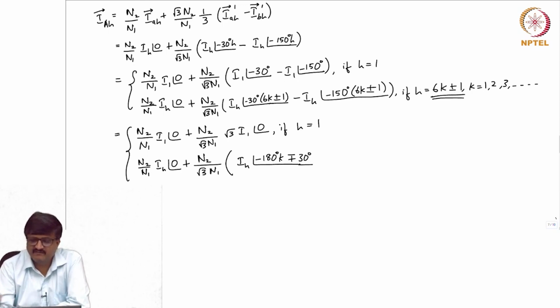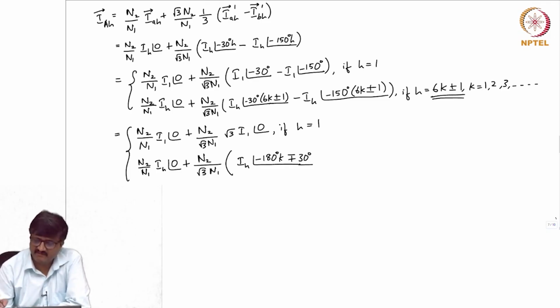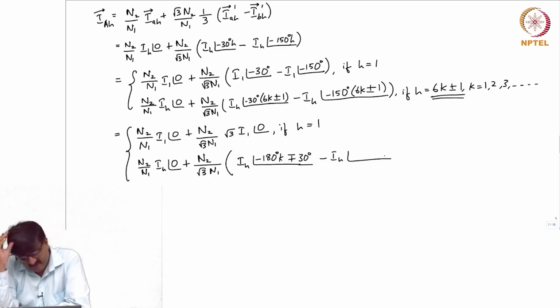If you take minus sign, you get minus sign here also. Similarly, when you take plus sign in the expression for h, you get minus sign here. That is the point. The order of plus and minus is important. It actually means what sign you get when you take a plus sign or minus sign in the expression for h. Okay. Minus IH, minus 150 degree into 6k.